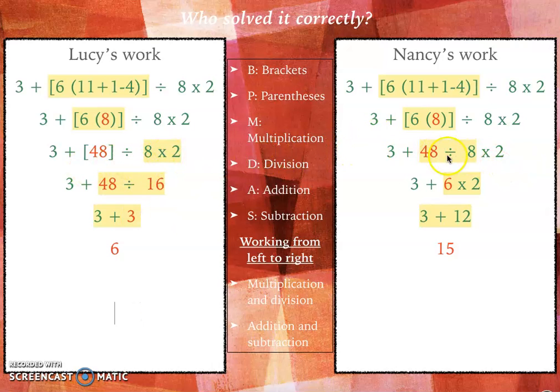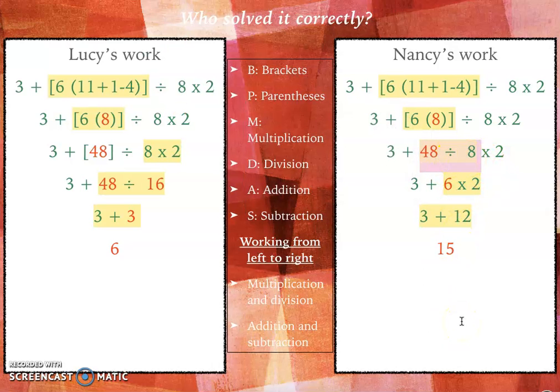But here is the difference. Lucy said that her next step was to multiply, but Nancy said that her next step was to divide. Yes, Lucy, multiplication comes next in the BPMDAS, but you have to work from left to right when you have multiplication and division. If we look here, our multiplication is to the right, and our division is to the left. So Nancy was the one that did the next step correctly.